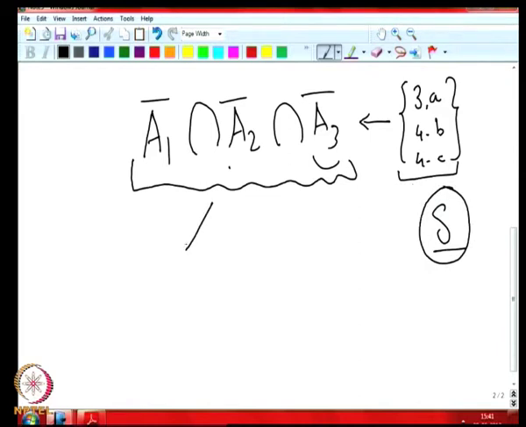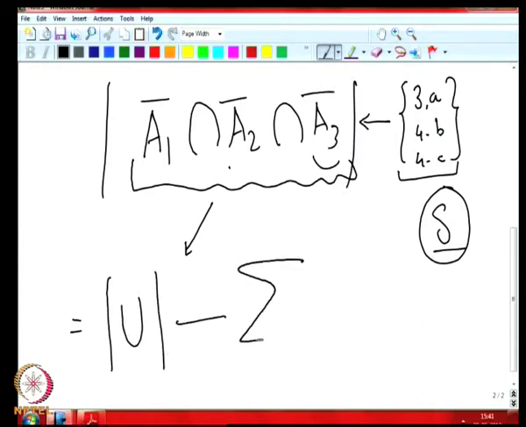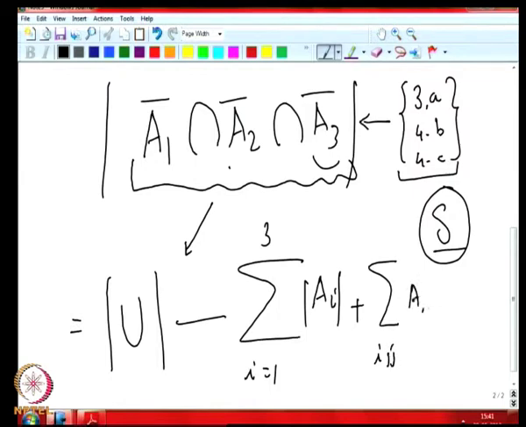How do we estimate this thing? We apply the inclusion exclusion principle, and we know the cardinality of this is given by the cardinality of U minus sigma i equal to 1 to 3, here k equal to 3, the cardinality of Ai, then plus, for every i j, Ai intersection Aj we have to find.